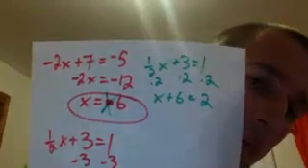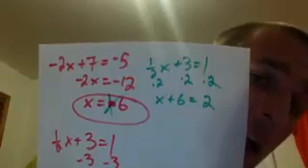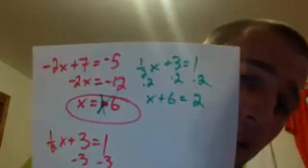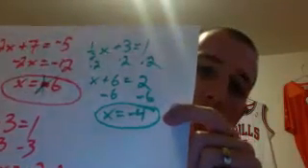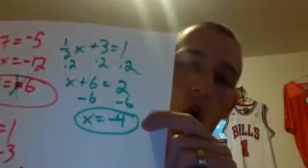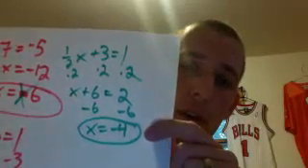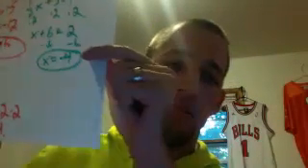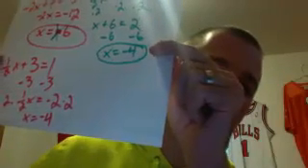Okay, because we have to multiply the 1/2 x, the 3, and the 1 all by 2. And then we're going to subtract 6 from both sides. We get x equals negative 4. Woohoo. Okay. Same answer. That's good news. X equals negative 4, x equals negative 4, either way, so it doesn't matter.